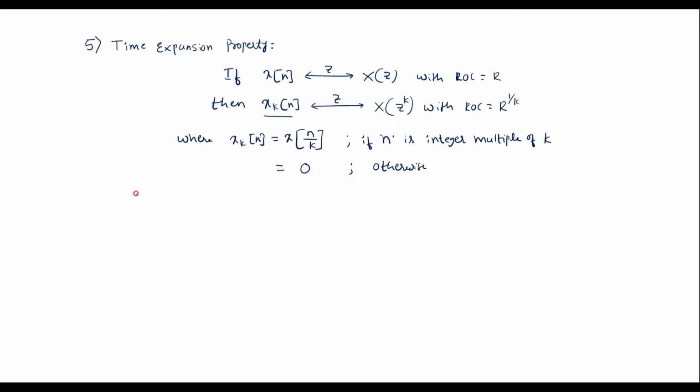That is, in this case, xk of n has k minus 1 zeros inserted between successive values of the original signal.